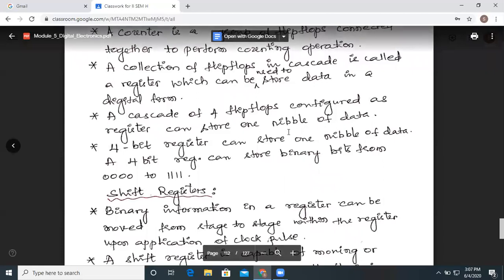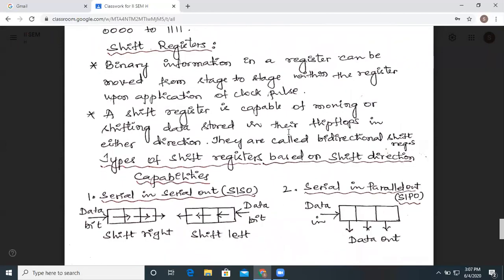Now let us move on to see the meaning of a shift register. A shift register will store binary information. The binary information stored in the register can be moved from one stage to the other stage, and this is done within the register.